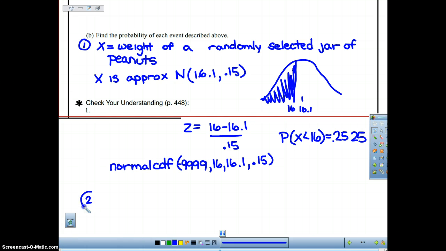Okay, now let's look at the second scenario. The second scenario, our population is not the actual population, it's the sampling distribution.